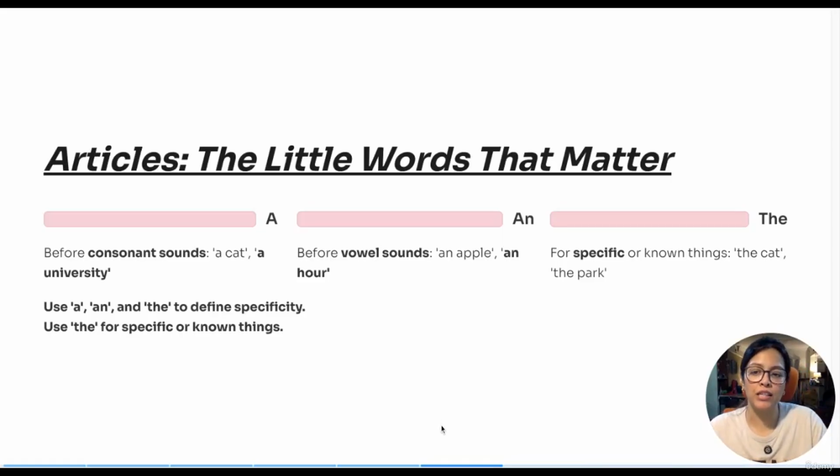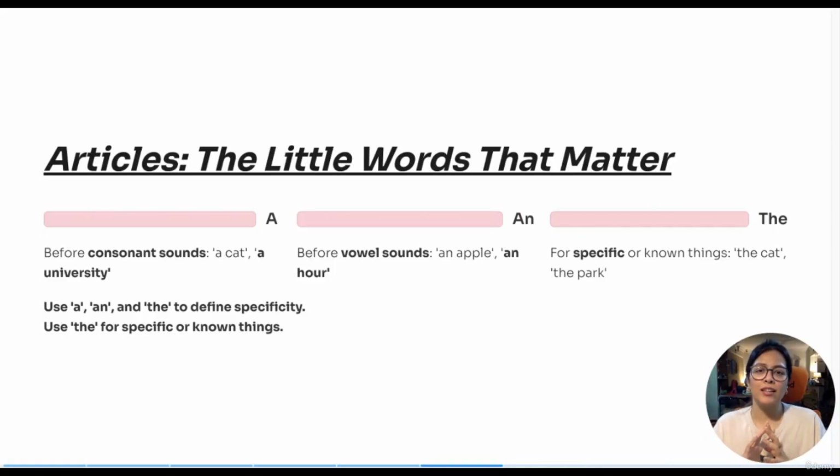Use a, an, and the to define specificity. Use the for specific or known things, which means if I am talking about something particular, I'll use the. Whereas if I'm not talking about anything specific, we'll use a. For example, when I say there is a bag on the table, there's nothing special about it.